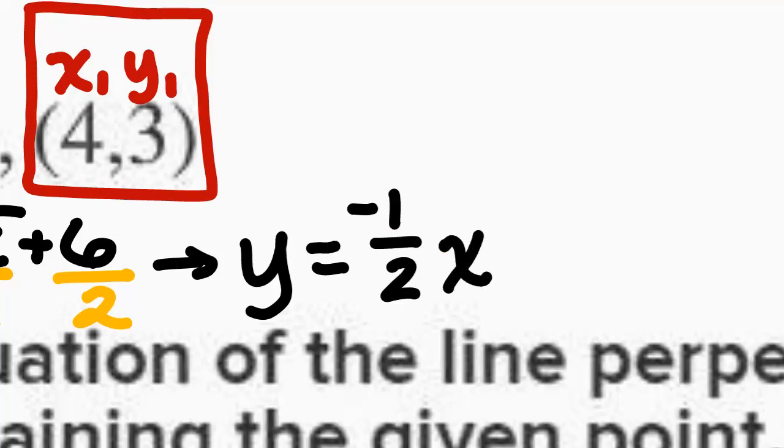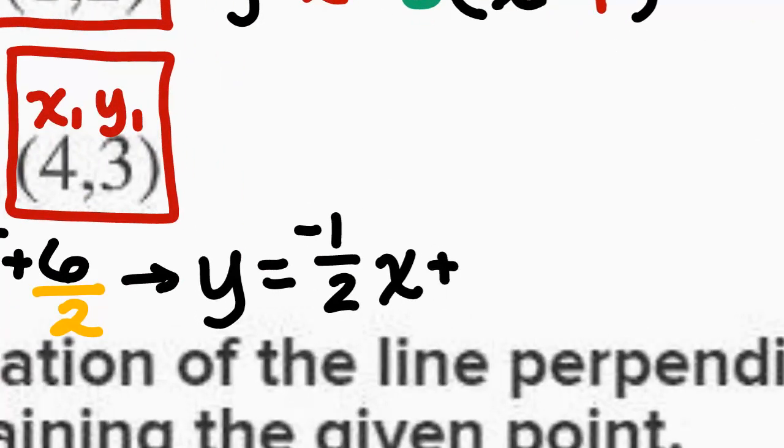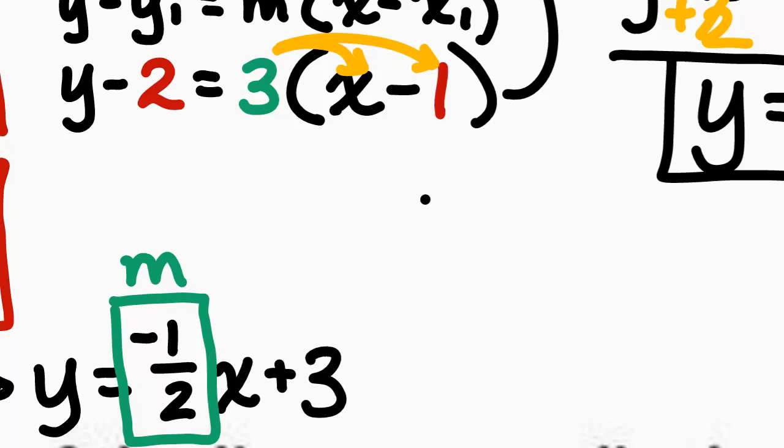My -1 is in my numerator, the 2 is in my denominator, the x just comes out to the side. And then plus, and then I have to do 6 divided by 2. 6 divided by 2 is what? 3. Now it's in slope-intercept form. Now can I identify the slope? What is the slope? -1 over 2. Here's m. So now I can do point slope form.